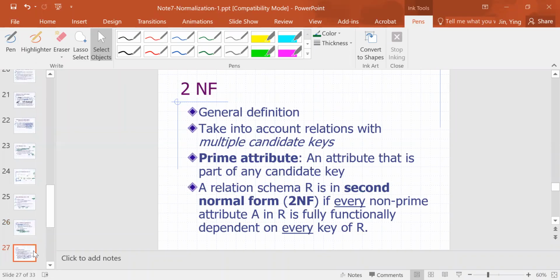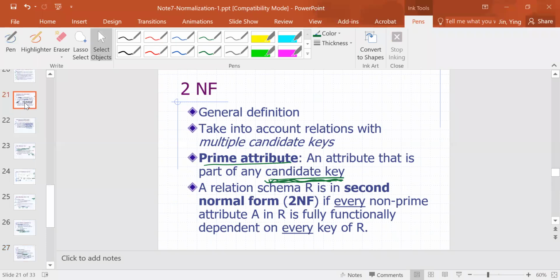Okay, before I do second normal form, one more definition: prime attribute. What is a prime attribute? It is an attribute that is part of any candidate key. When we say candidate key here, if we have three keys, then every single one is a candidate key, right?